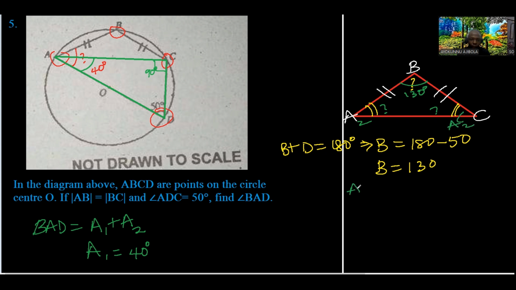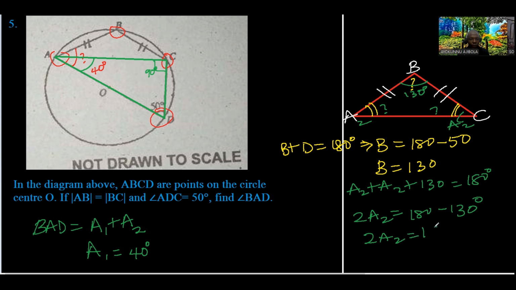So A2 plus A2 plus 130 equals 180 degrees. So twice A2 equals 180 minus 130 degrees. Then twice A2 equals what? 50 degrees, okay? Yes. Then what is that angle A2? That will be half of this, which is 25 degrees.